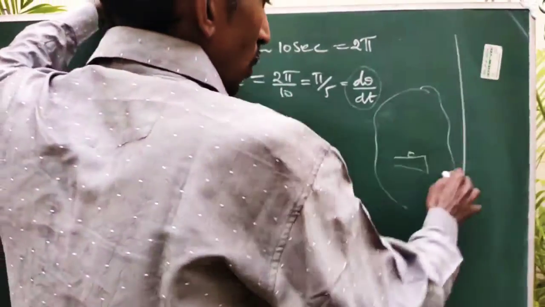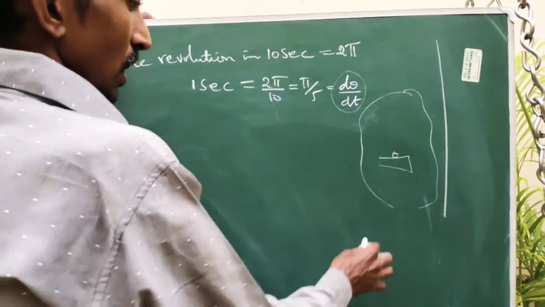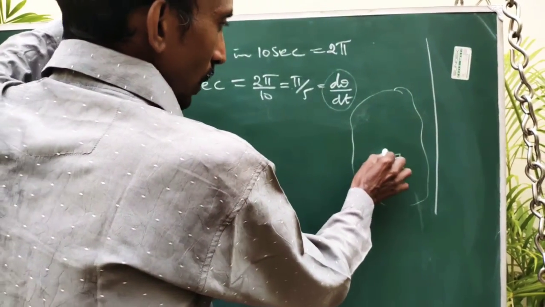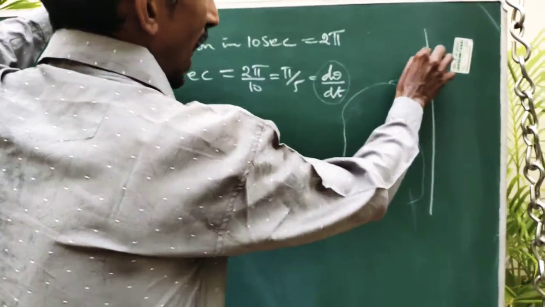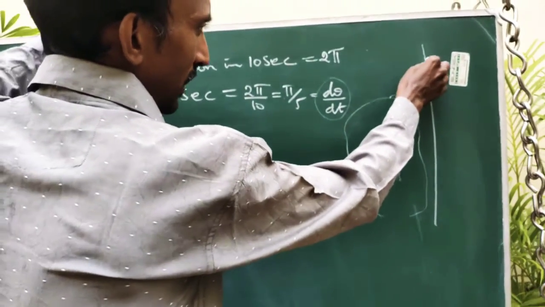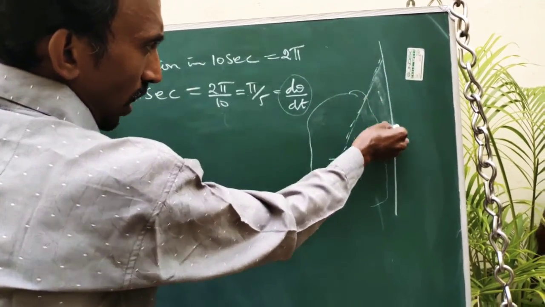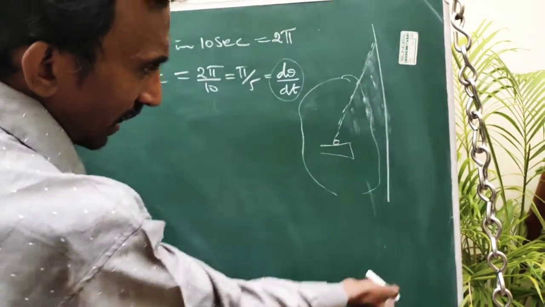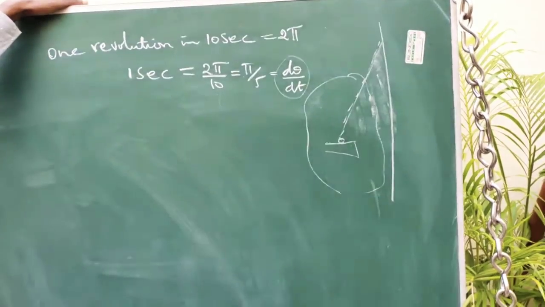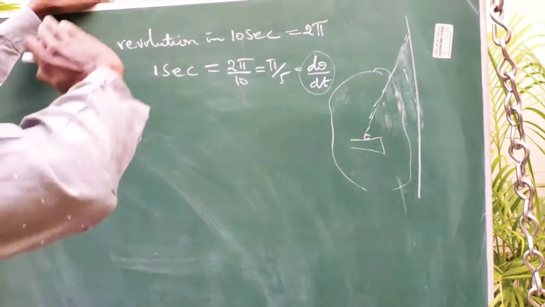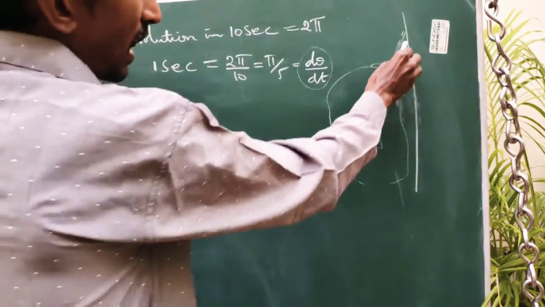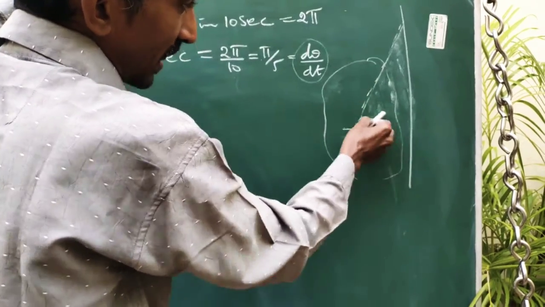The ship is anchored here, and this is the seashore. This is the projection of the light, which reaches the seashore like this. It is like the movement of the arm in a clock. The light is moving like this.